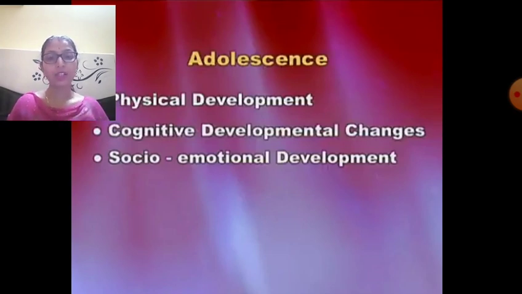Symbolic thinking, logical, rational, and idealistic thinking starts at the age of adolescence. They think of possible courses of action, why something is happening, and systematically seek solutions. So Piaget called this type of logical thinking the hypothetico-deductive reasoning.